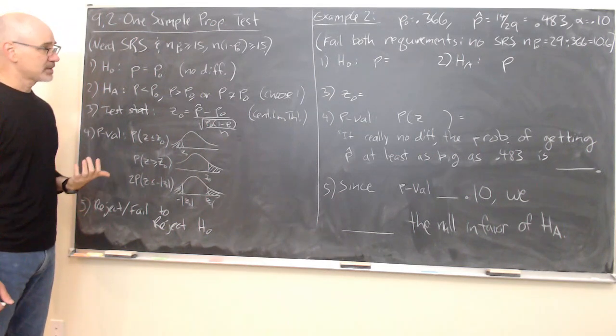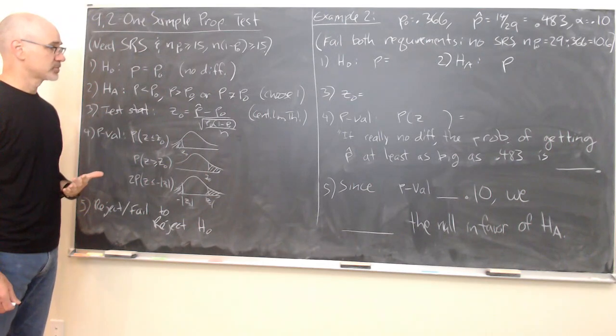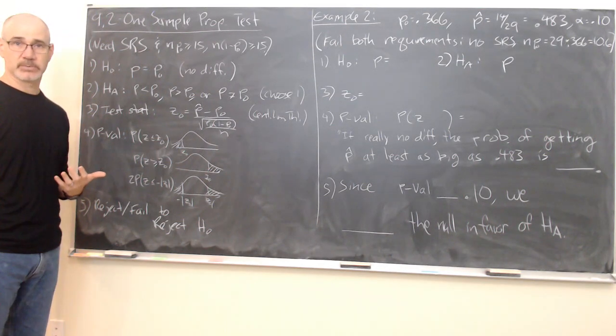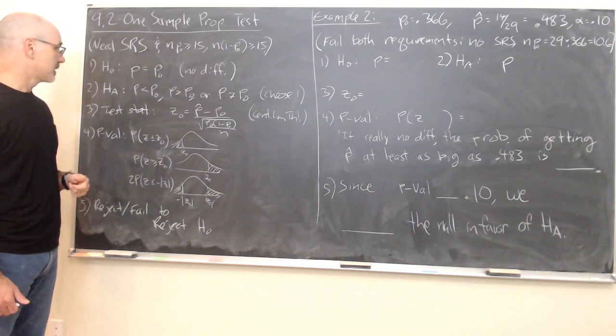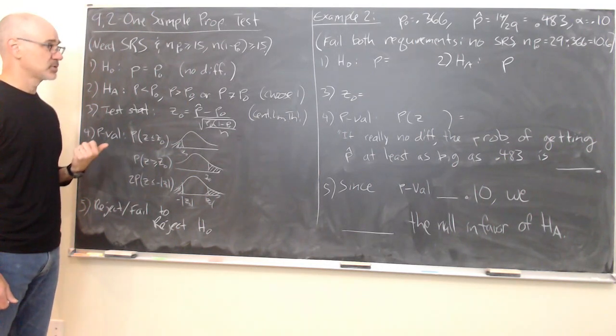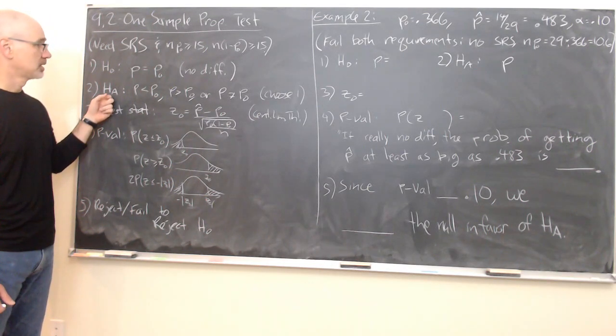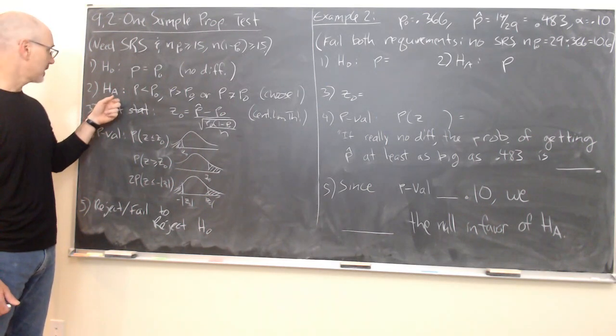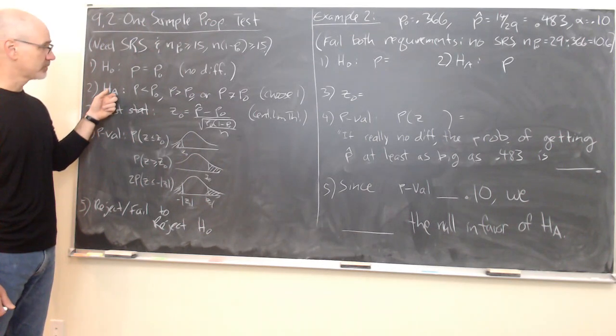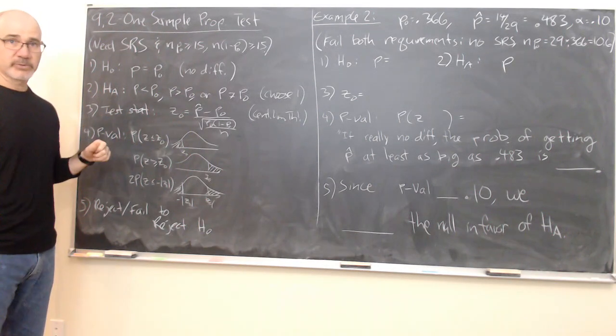Now what we're trying to figure out, we're trying to test to see if there's a difference in some way. The way we think the difference should go is called the alternative hypothesis. So capital H for hypothesis, capital A subscript for alternative. And this can take one of three forms.